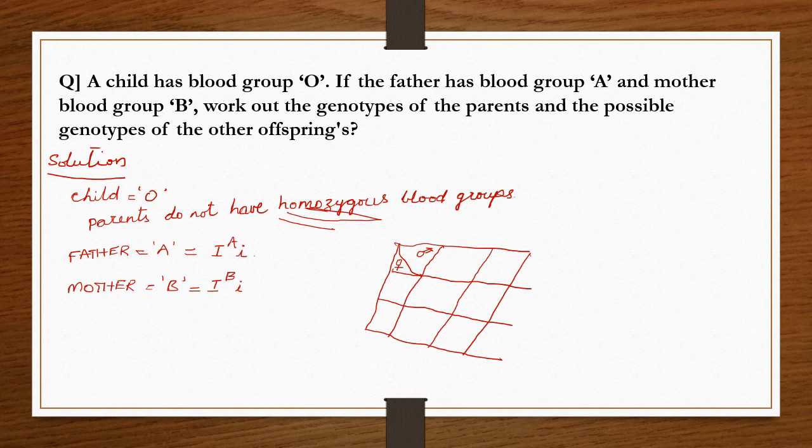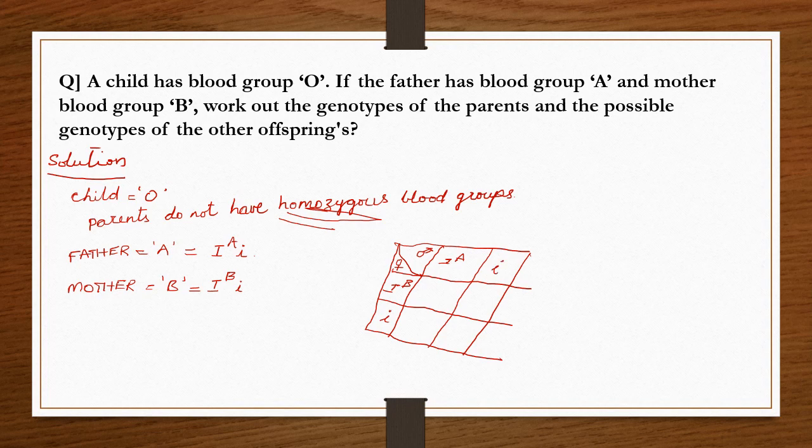The mother has one gamete with IB and another with small i, and the father has one gamete with IA and another with small i.